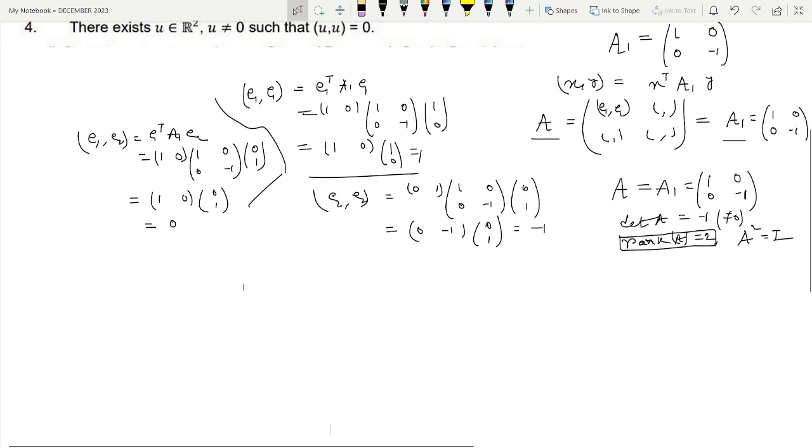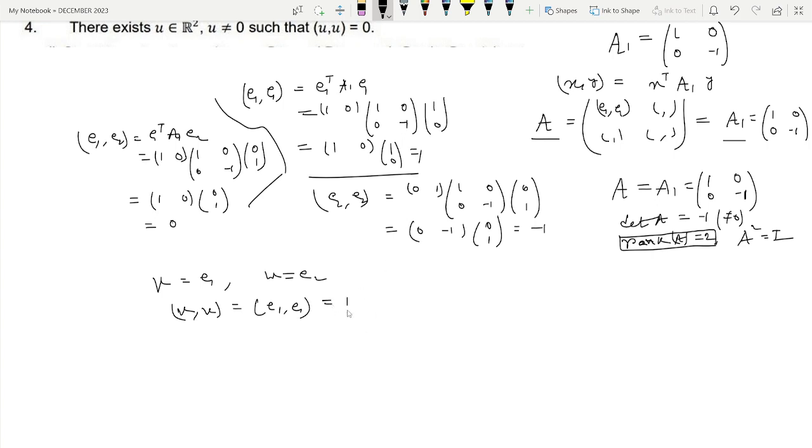If we take v equal to e1 and w equal to e2, then check here: B(v,v), that is B(e1,e1), which we just calculated, is 1, so greater than 0.